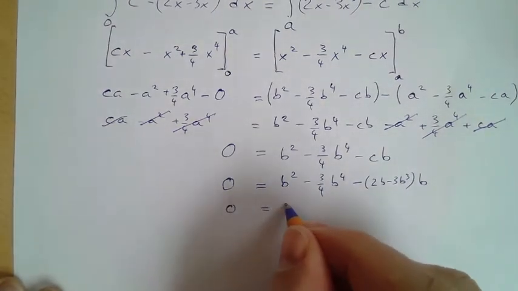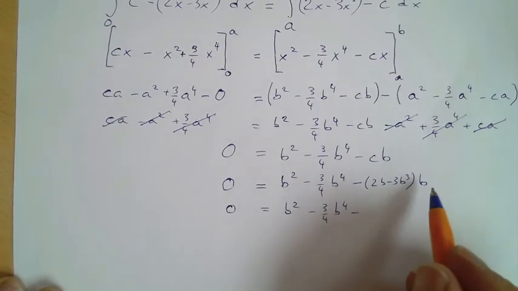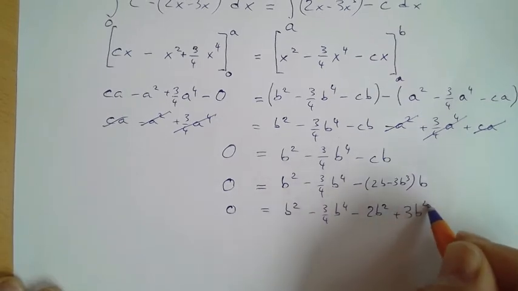Let's see where this leads us. Minus 2b squared plus 3b to the power 4.